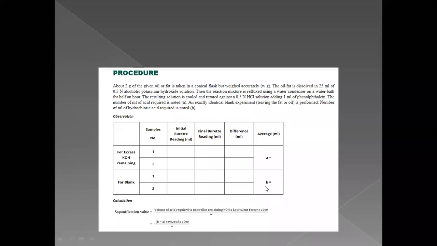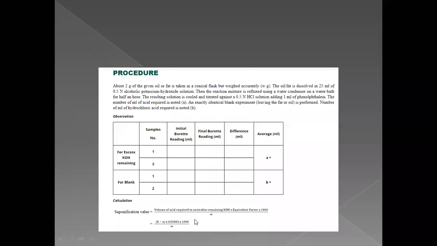So the burette reading produced without taking the sample minus the burette reading produced with the sample, multiplied by a factor that is 0.02805, multiplied by 1000, divided by W. So this will be the formula for determination of saponification value.